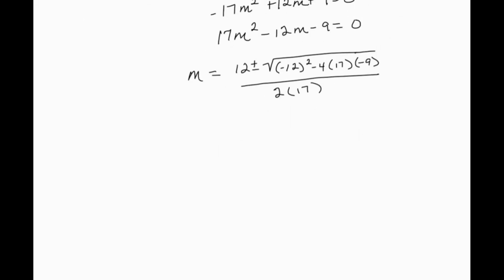Okay, now I have my quadratic formula here ready to be simplified. When I put this in the calculator, I do not want to put that radical sign in the calculator. Just put the stuff that's under the radical sign in the calculator. You're going to get 756.